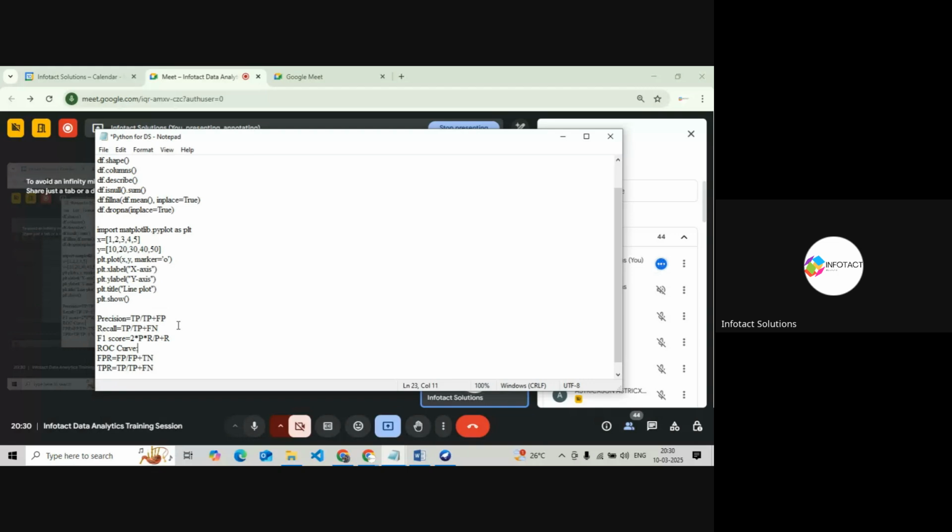Okay. Then what is recall? Precision is true positive upon the total number of positive predictions. Recall is the proportion of true positive predictions among all actual positive instances.